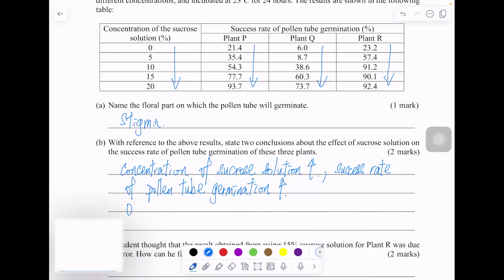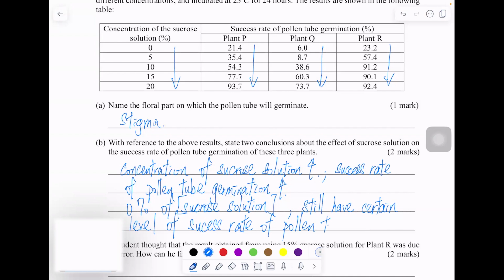Even though there is 0% sucrose solution, there is still a certain level of success rate of pollen tube germination.